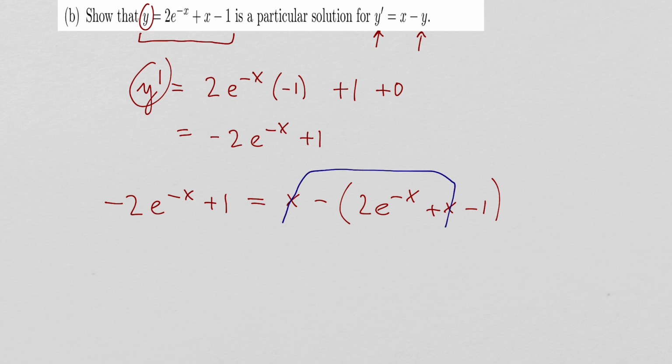The x's will cancel out. Then we have a minus sign here. It changed the first term into minus 2 times e to power minus x, and then we get plus 1. Okay, we see that the equation is okay.